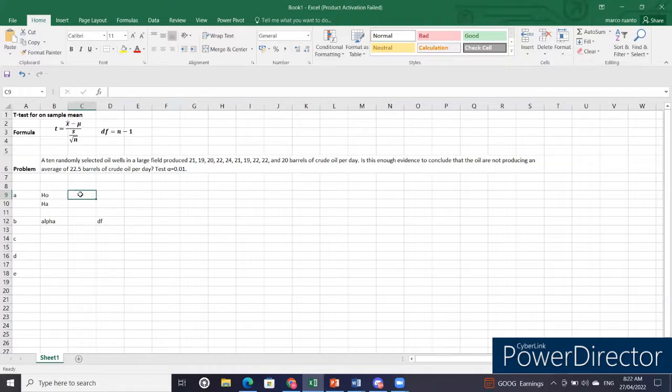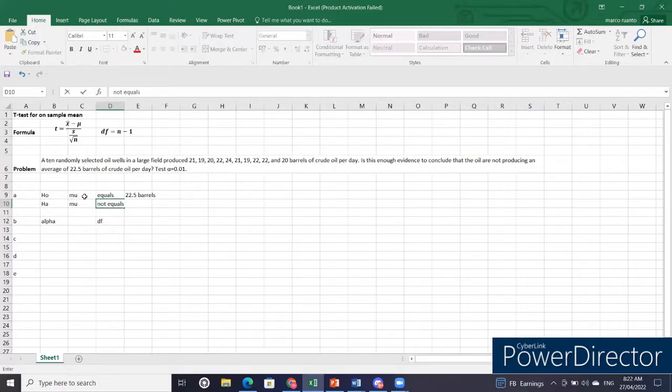First, we will state the null hypothesis. The null hypothesis is mu equals 22.5 barrels. Then our alternative hypothesis is mu is not equal to 22.5.